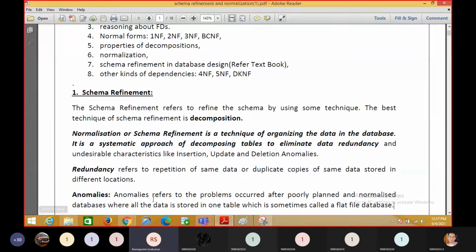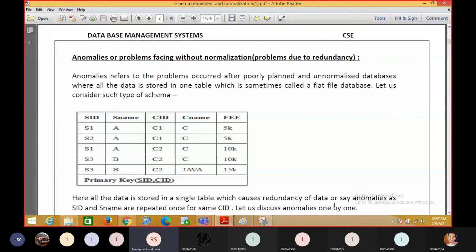So here anomalies means problems that occur after poorly planned and unnormalized databases where all data is stored in one table.